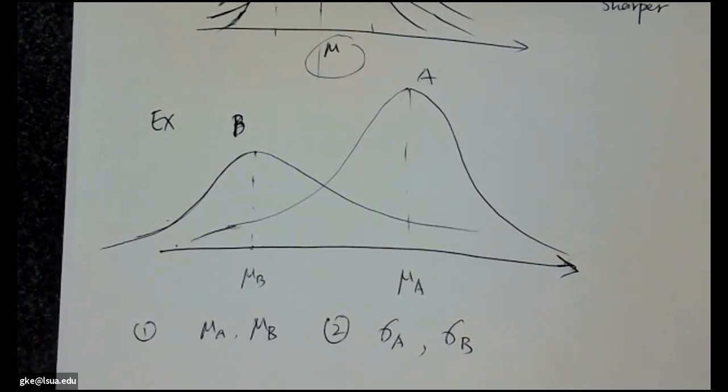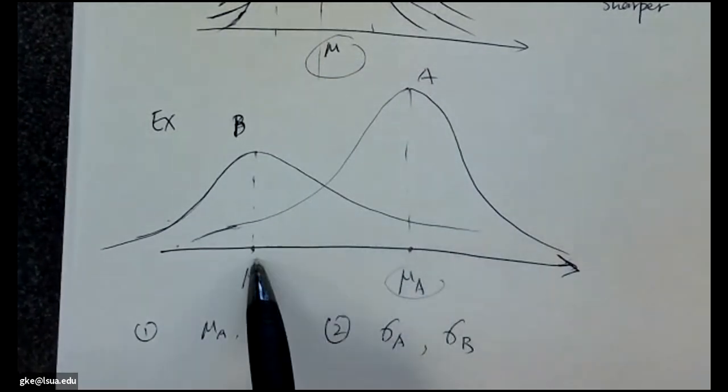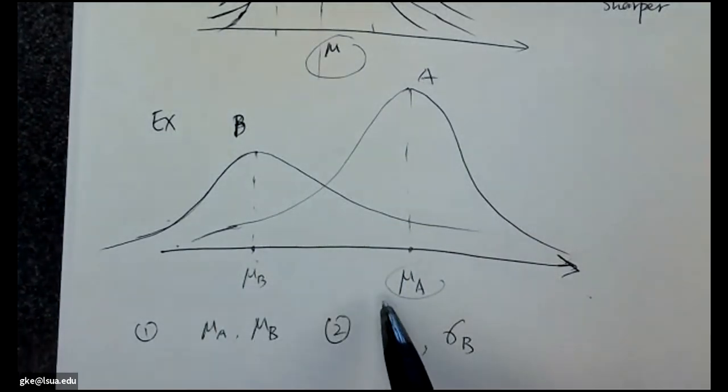Okay. So which one is greater for the mu A and the mu B? It would be the one that's sharper. It's mu A, right? Because the value on the x-axis, the mean value, according to the property.